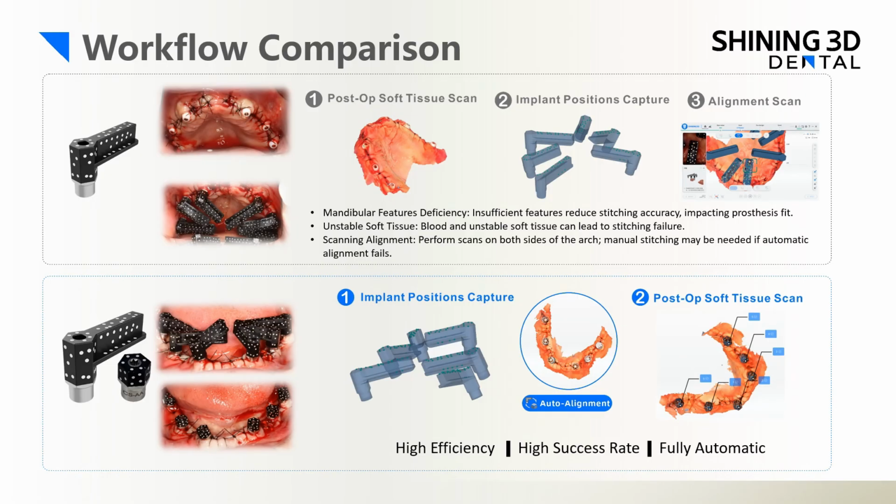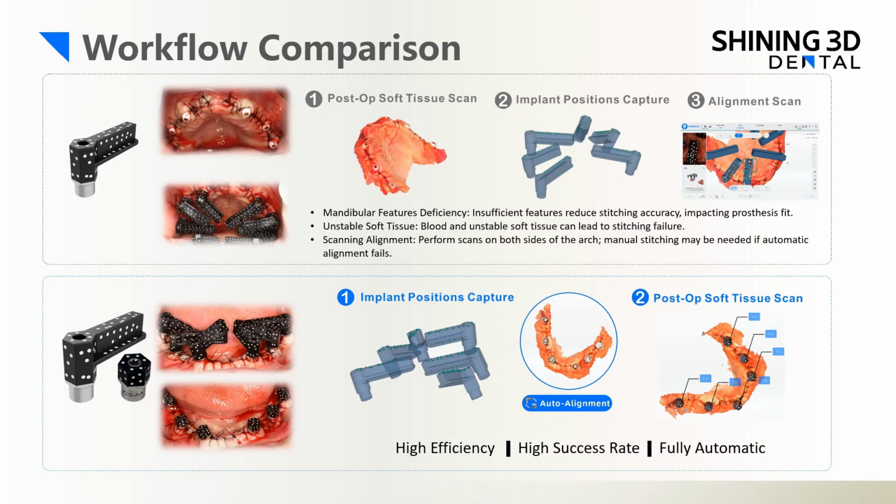It's just like the normal workflow, which means you can do a soft tissue scan and then do an implant position capture and an alignment of these 2 sets of data once you have captured all the necessary information. With the Cap Scanbody, you scan the Cap Scanbody as well as the soft tissue with the Cap Scanbodies installed on the multi-unit abutments.